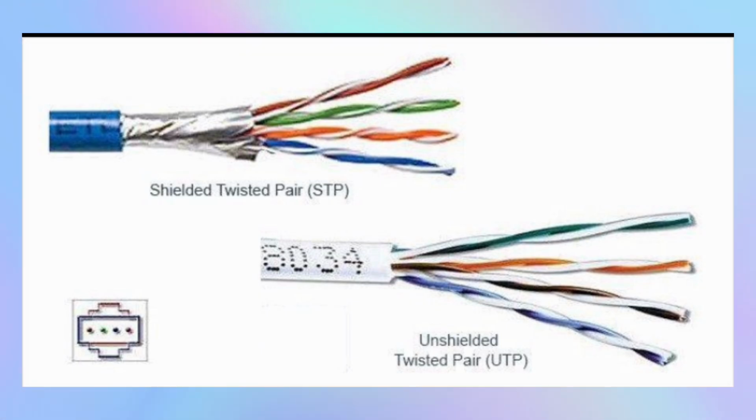This is the shielded twisted pair cable, STP cable. Another one is the unshielded twisted pair cable. Diagrammatic explanation: shielded means covered with a shield, while unshielded has no shield cover. That is the major difference.